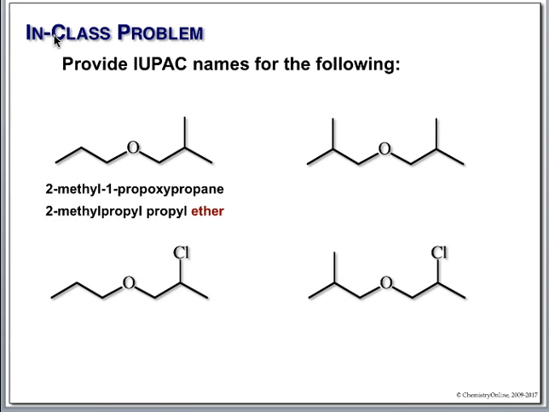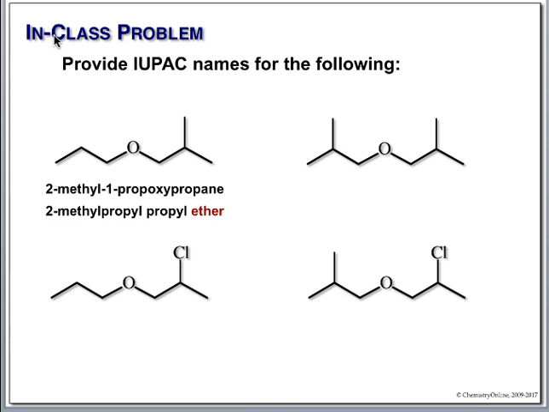Now you can also just look at it and say, this is 2-methyl propyl, that's this half, propyl, that's this half, ether. You'll see it both ways.